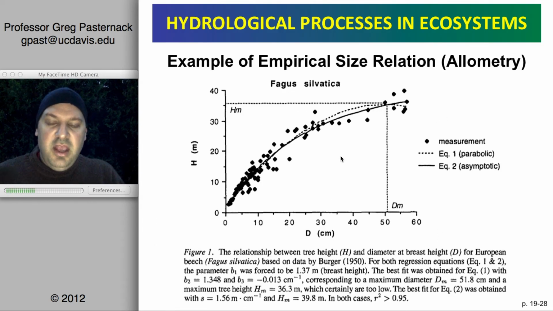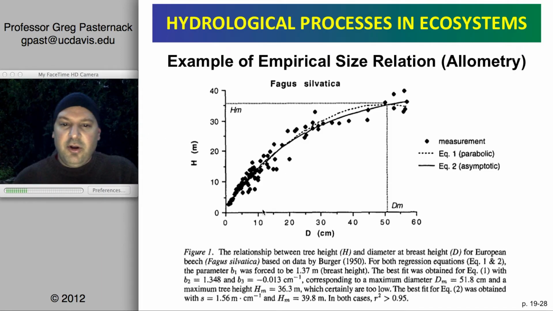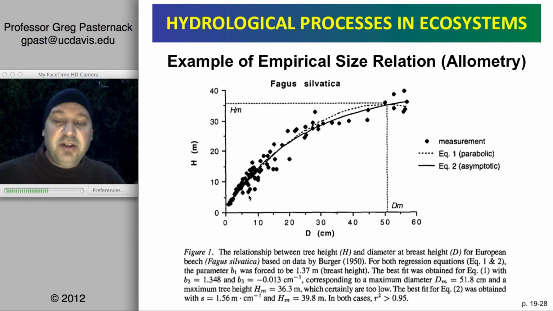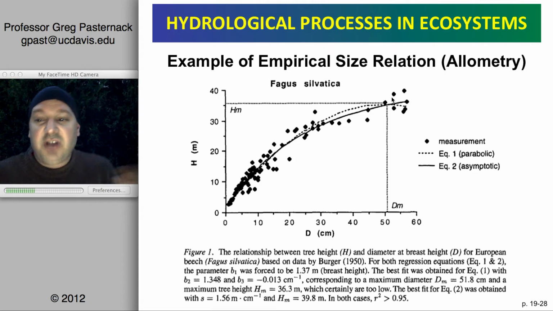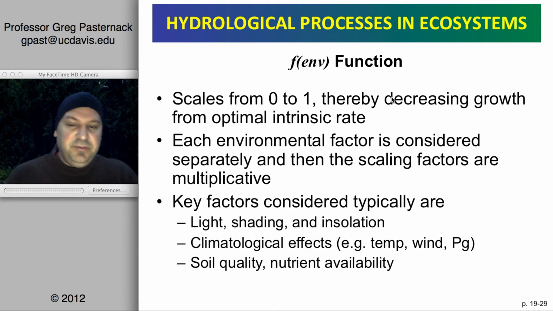Okay, so here's an example of one of these allometric relationships between height and diameter. So height is a function of diameter. And so just go out, measure a bunch of trees, and you'll find that taller trees also have bigger diameters.